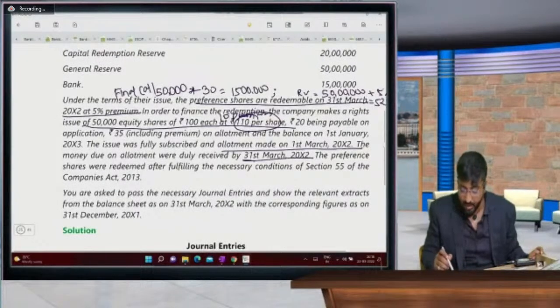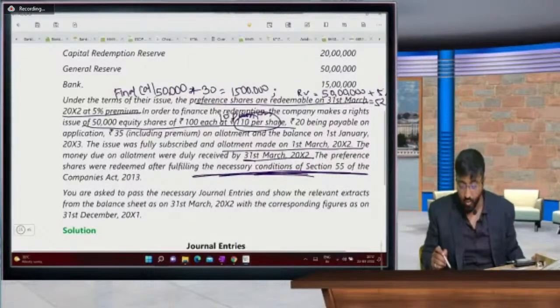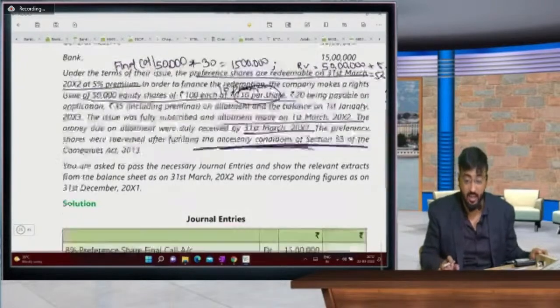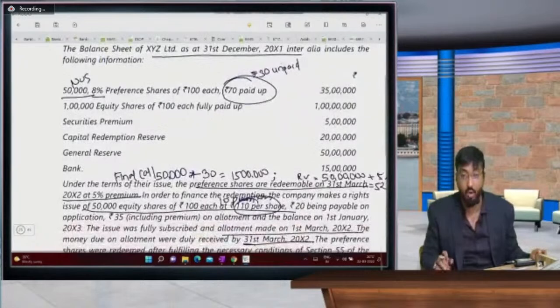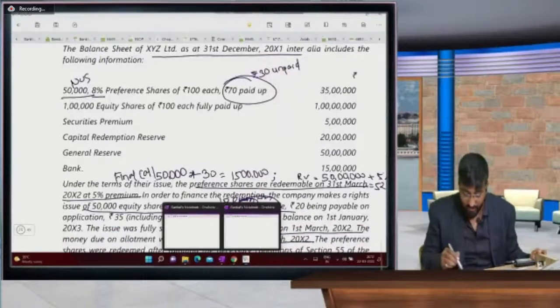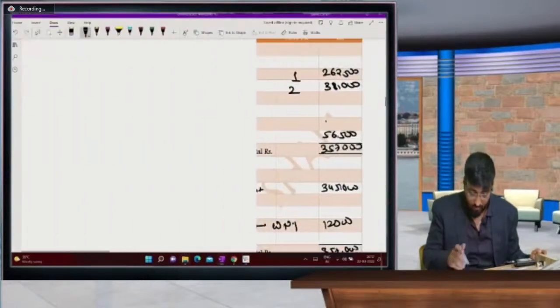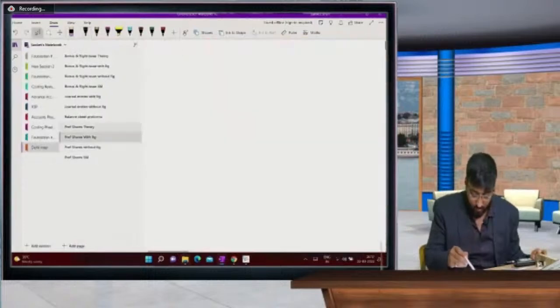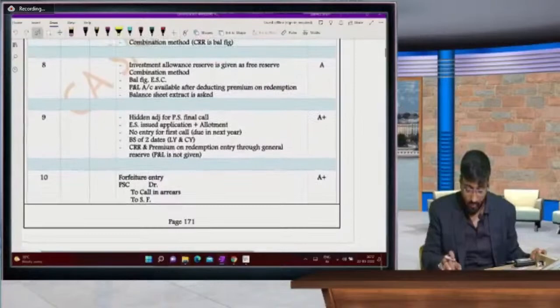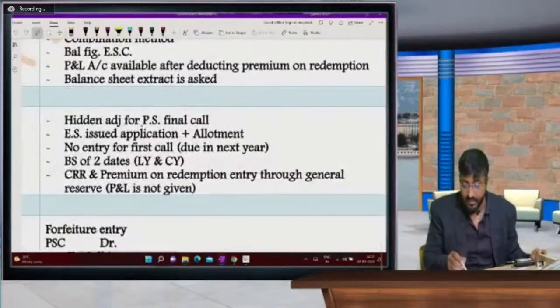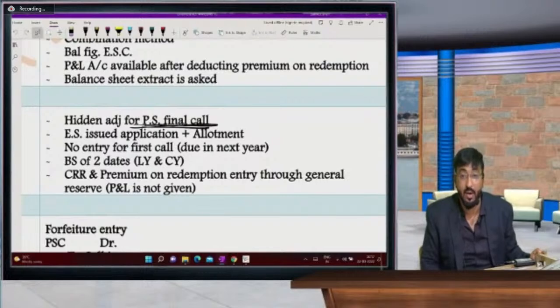The preference shares were redeemed after fulfilling the necessary conditions. So what are the next necessary conditions? So beta, first we have to call the final call. So what is the entry? You can check here. See, what is the hidden adjustment? Preference share final call हमें मंगवाना पड़ेगा.